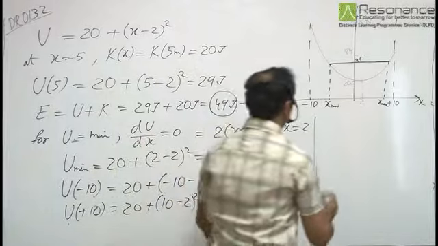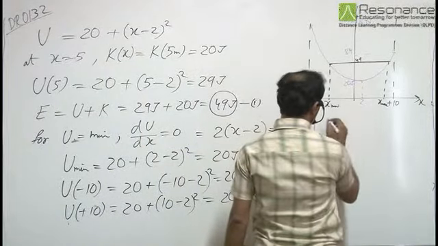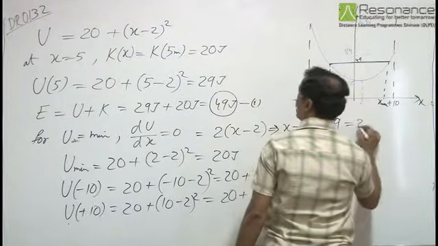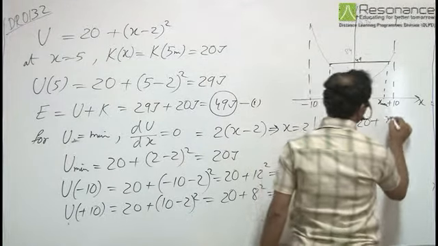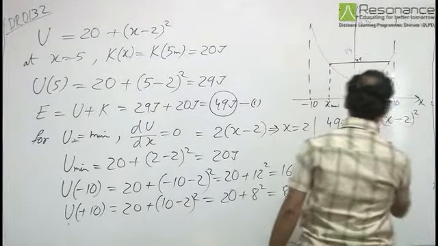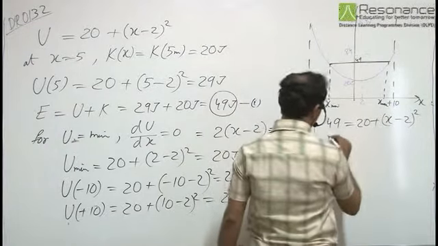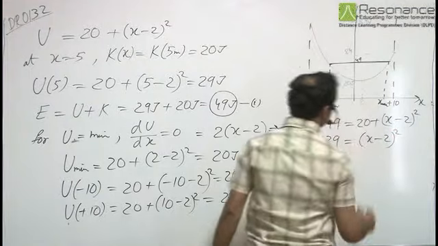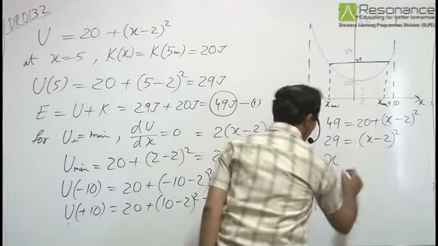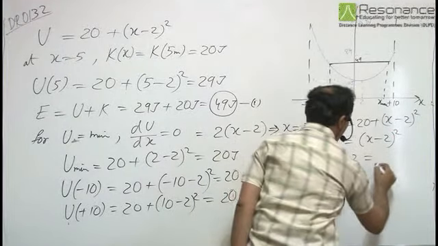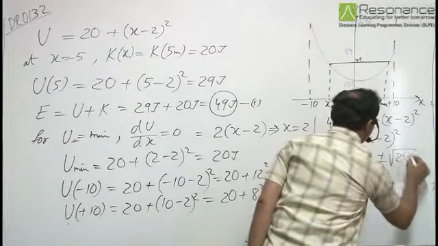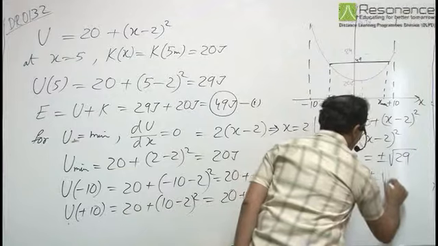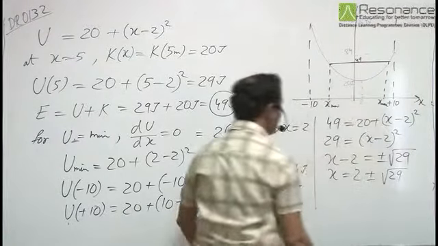In this situation, the position x can be obtained. 49 is equal to 20 plus (x minus 2) square, or 29 is equal to (x minus 2) square, or x minus 2 is equal to plus minus root 29, or x is equal to 2 plus minus root 29.